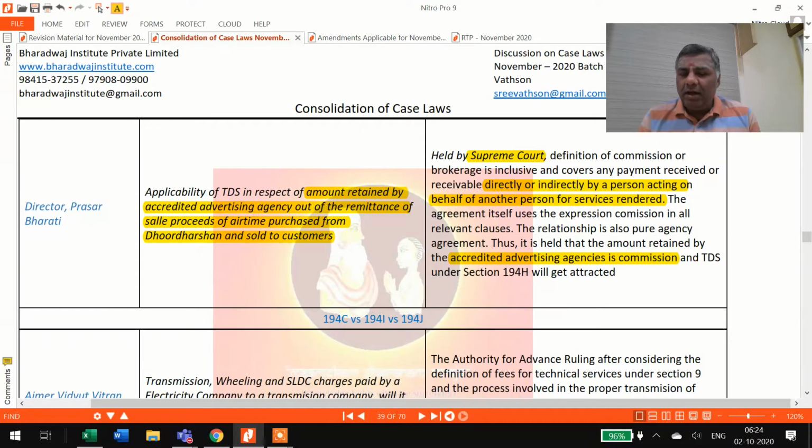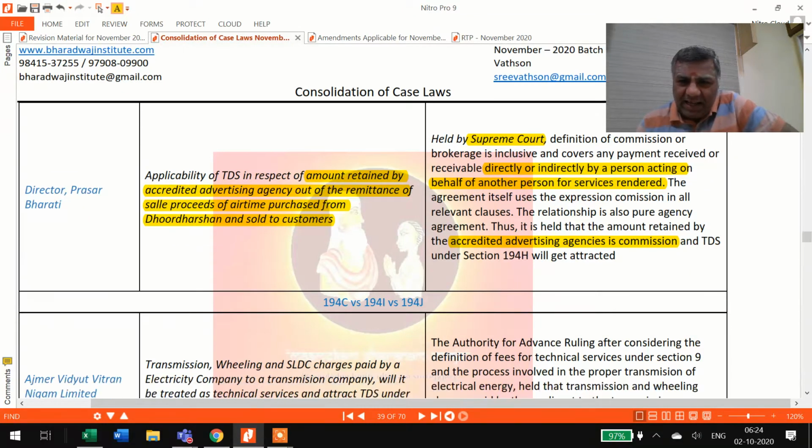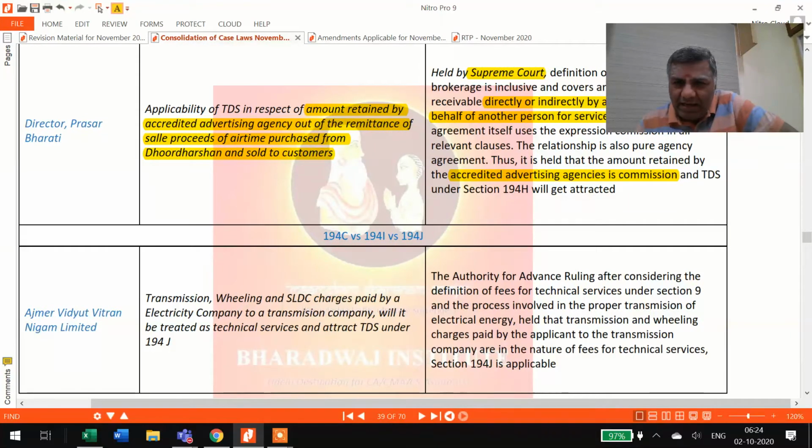The Supreme Court said, in your own agreements you are saying this as commission. When it is said as commission, the relationship is pure agency. Thus, it is held that the amount retained by the accredited advertising agency is only commission and TDS is liable to be deducted or collected and remitted.